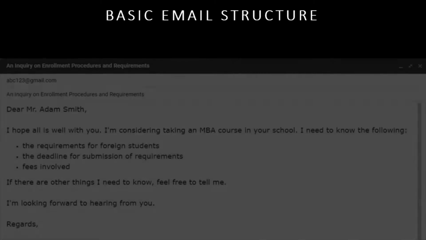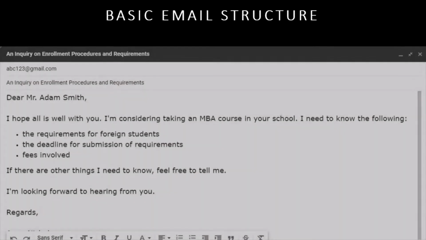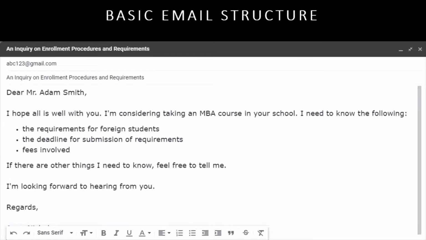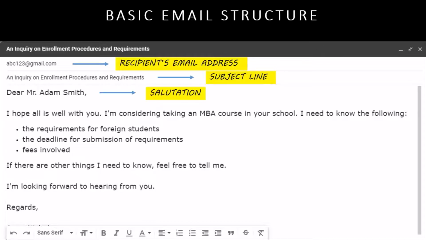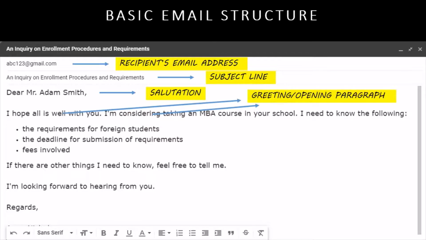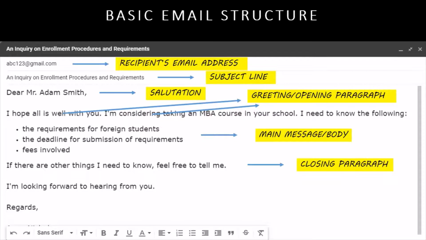Here's the basic email structure. As with most things, there are standards or rules to follow in writing emails.